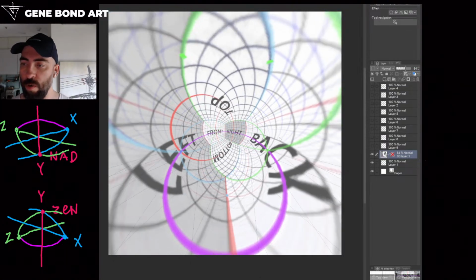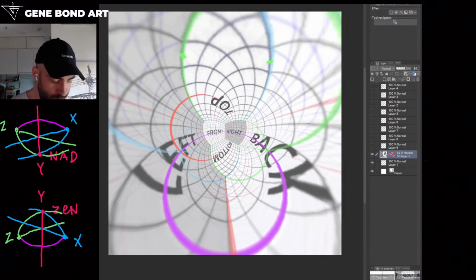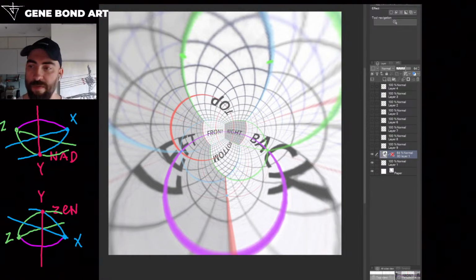So just open new dimensions for your vision of fisheye and drawing 3D space.